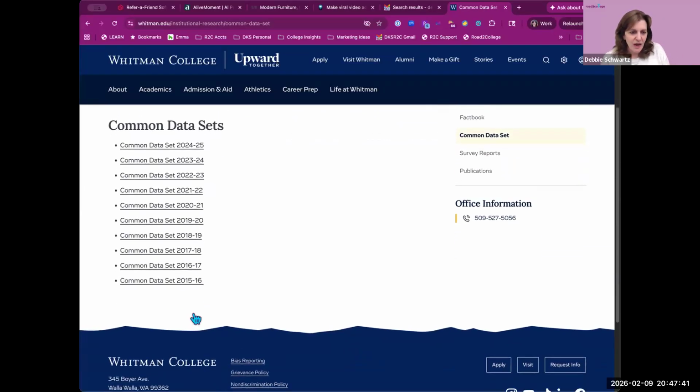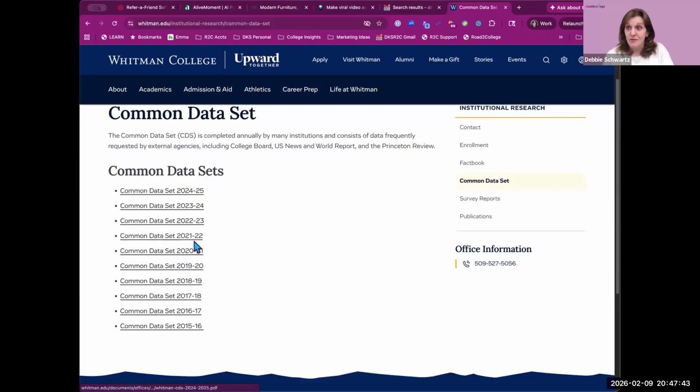They'll have the last 10 years. Sometimes colleges have them back as far as they've ever published them, but the last 10 years is pretty common. And you can see that Whitman's most up-to-date common data set is the 2024-2025, covering the academic year of 2024-2025.